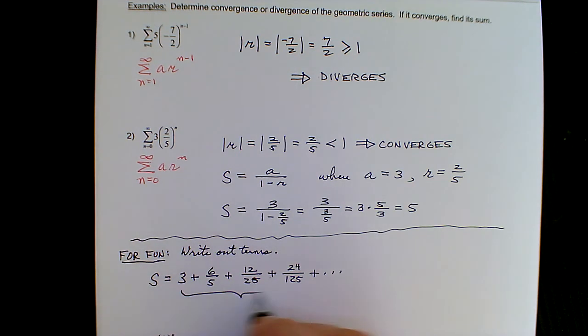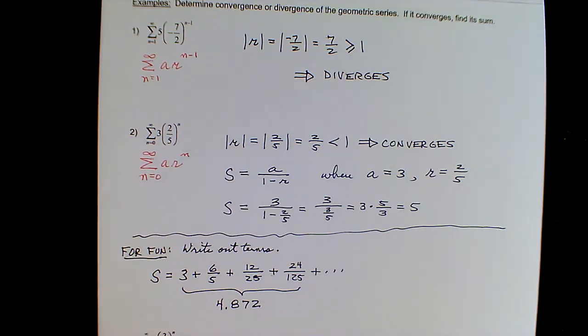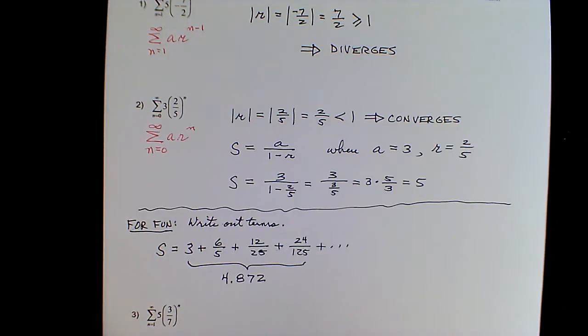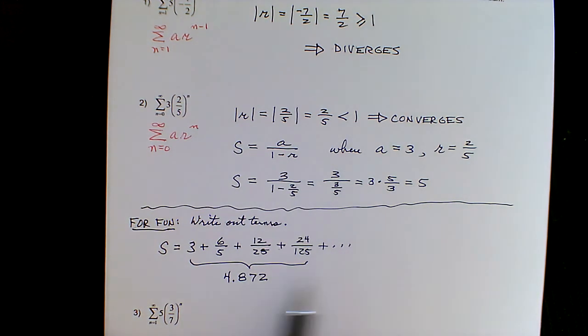So it's kind of amazing to think that no matter how far out you go, you're never going to exceed 5. Because what's happening is the denominator is growing at a rate relative to the numerator that the terms are never going to add on to make this larger than 5 units.